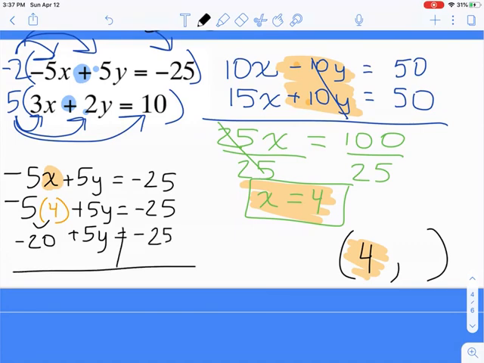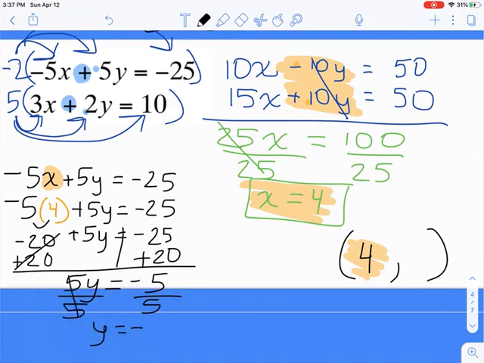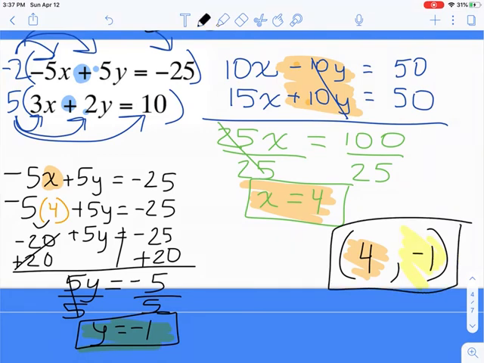Opposite of subtracting 20 is add 20. We're left with 5y equals negative 5. Divide by 5, divide by 5. And we're left with y equals negative 1. Awesome. All right, so we're left with 4 comma negative 1.